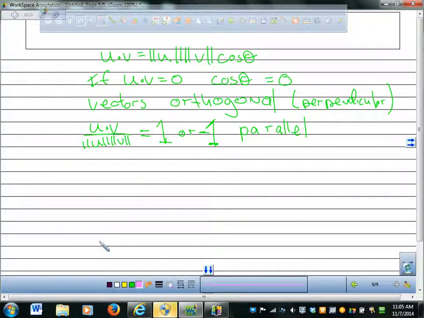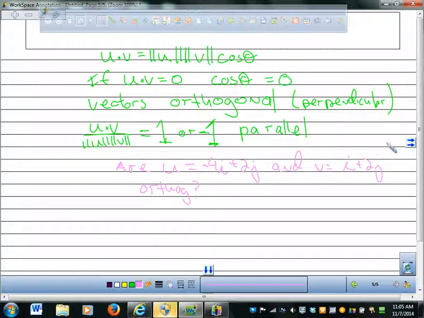One more quick. So 2 quick examples. You'll have some problems that will say, are u equals negative 4i plus 2j and v equals i plus 2j orthogonal? What is R?